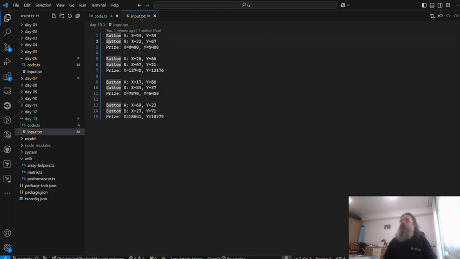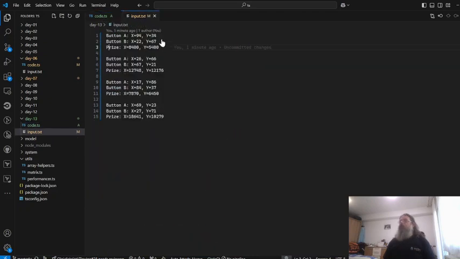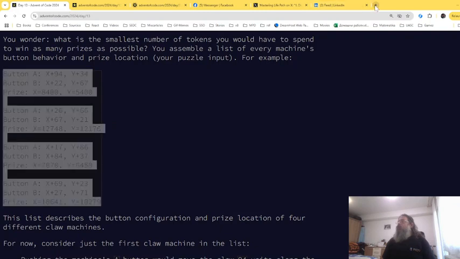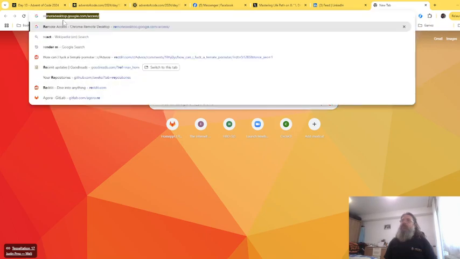So we're taking 1, 2, 3 lines, remembering them, and going on. So let's see what we need to do to actually get the data.